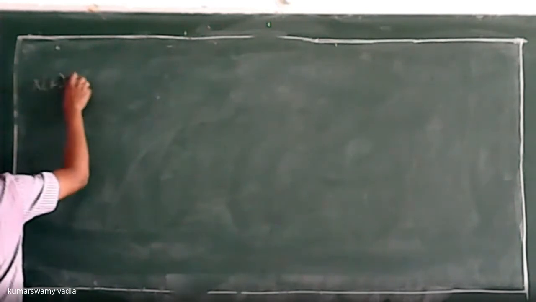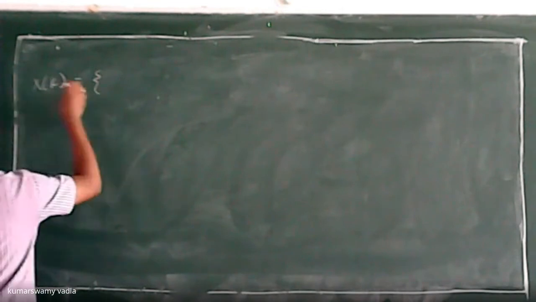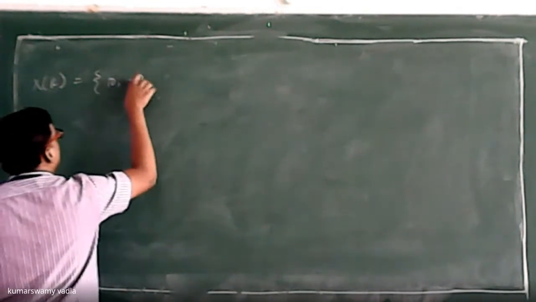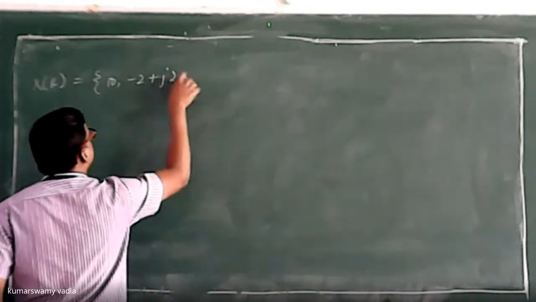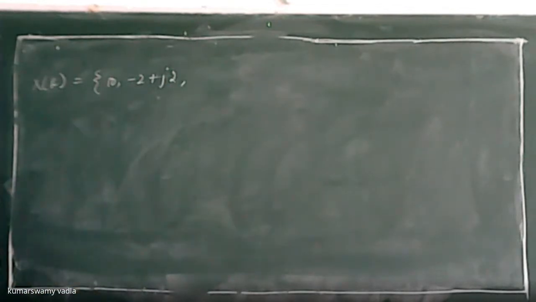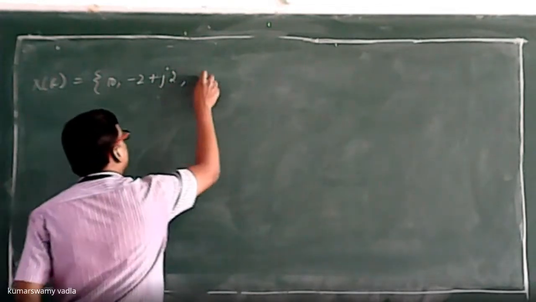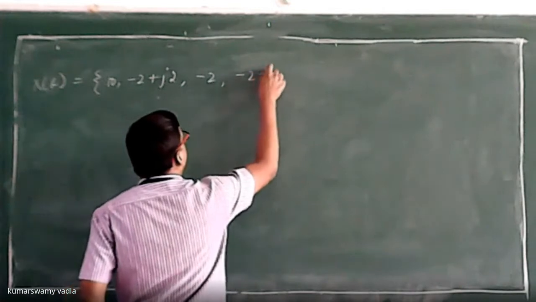Let X of k be equal to 10, minus 2 plus 2j, minus 2, minus 2 minus 2j.